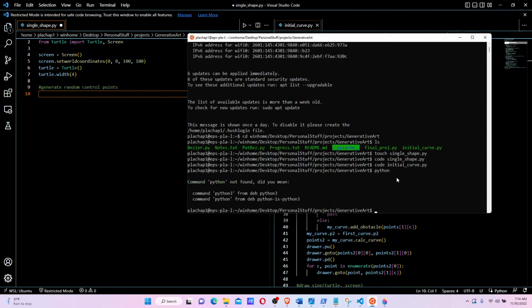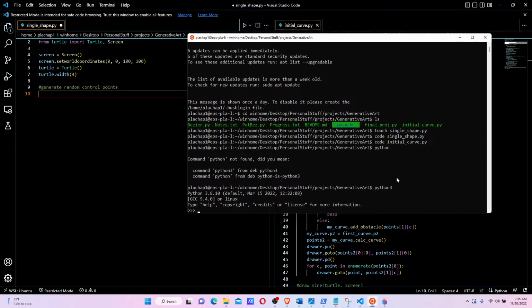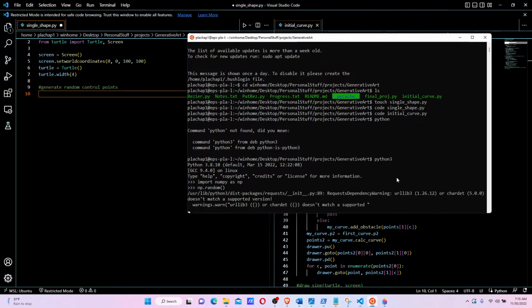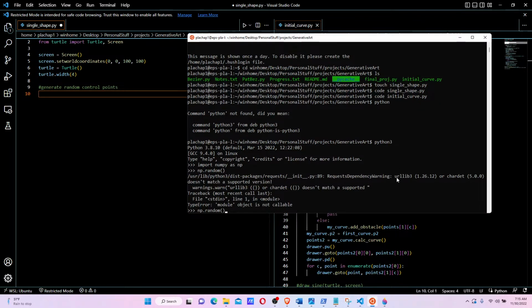I just have to go in here and make sure that I remember how to do it. Okay, import numpy as np, np.random.random.